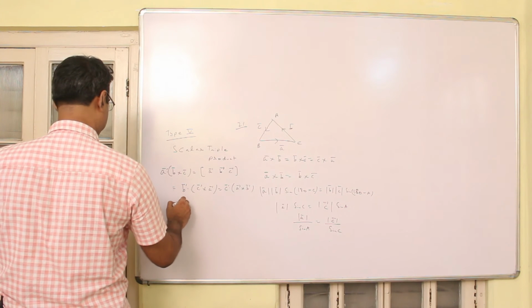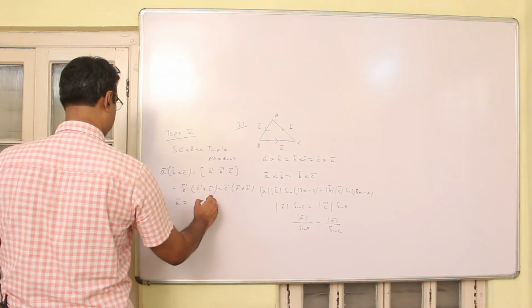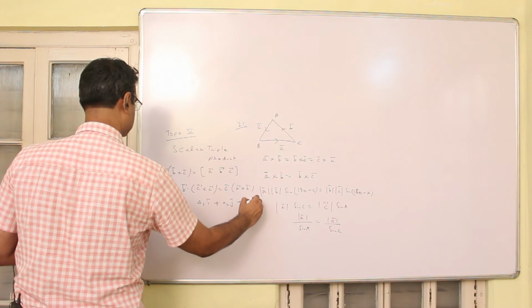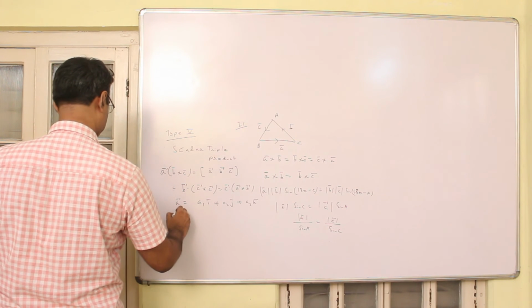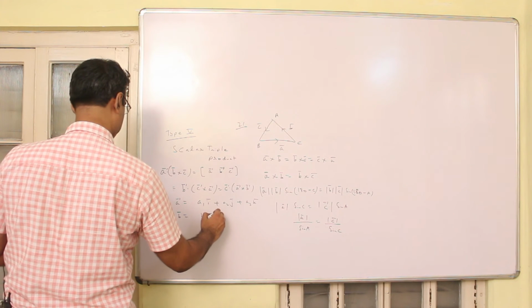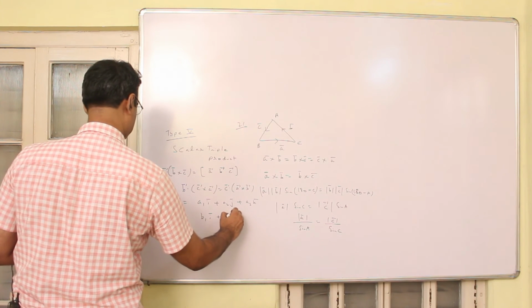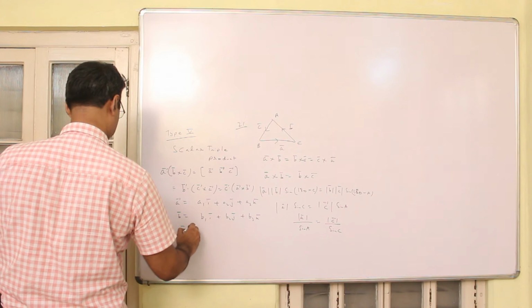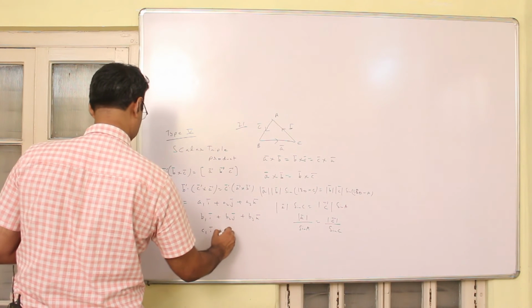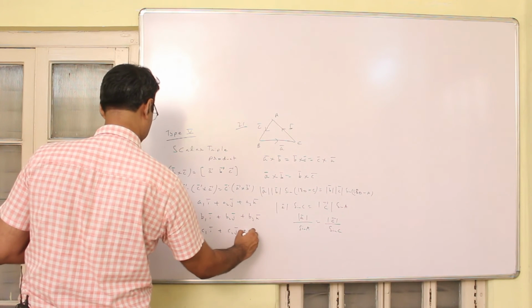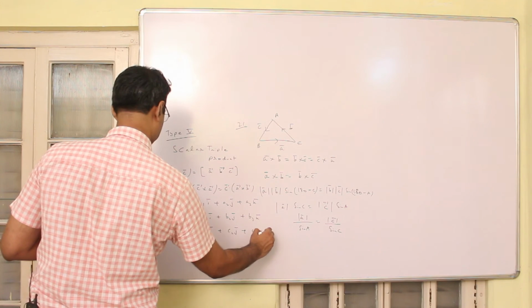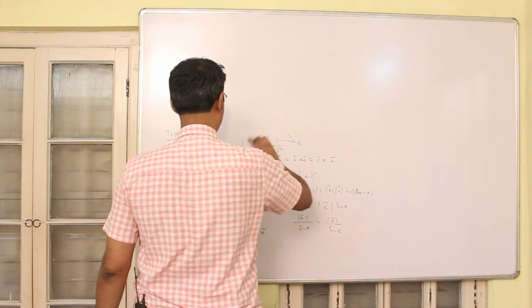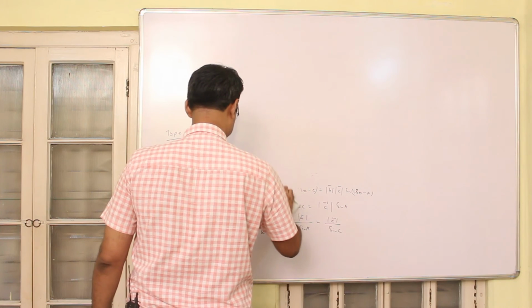If A, B, C are in orthogonal triad form, suppose ABC are in orthogonal triad form like this.